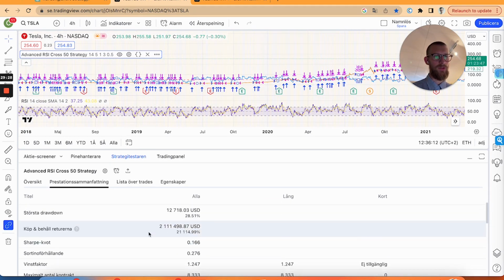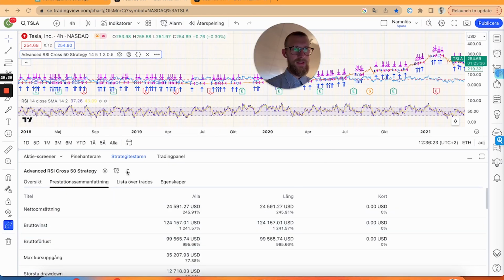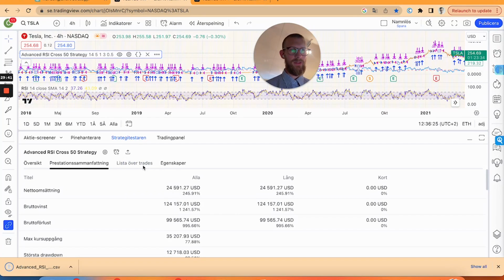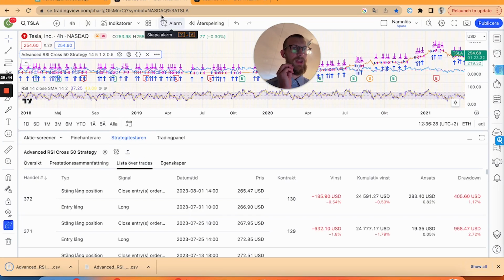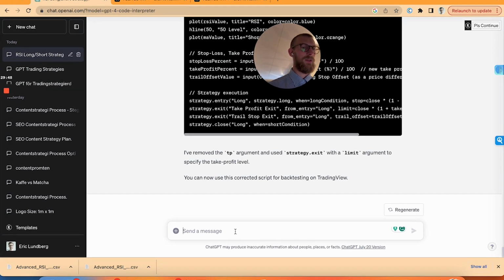And of course, compared to buy and hold, that is 21,000%. That is a huge loss. I'll export the results, the list of trades. It became so much worse now.